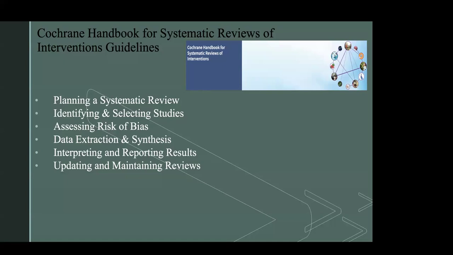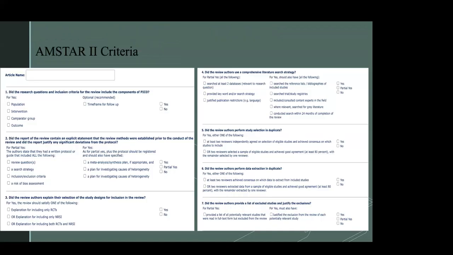In these, again, the key guidelines were planning a systematic review, identifying and selecting the appropriate studies, assessing risk of bias, data extraction and synthesis, interpreting the results, and updating and maintaining the reviews. One additional criterion followed here was the AMSTAR 2 criteria. AMSTAR stands for a measurement tool to assess systematic reviews.